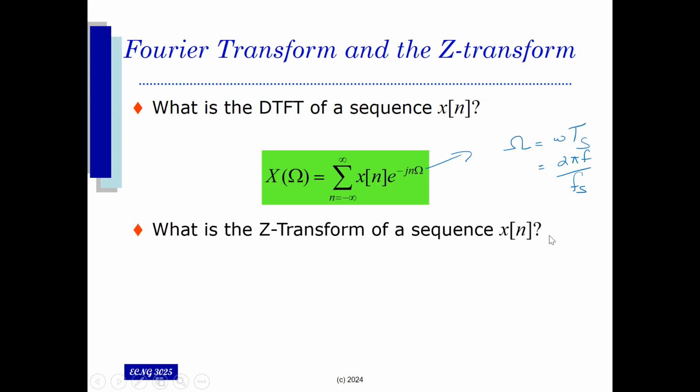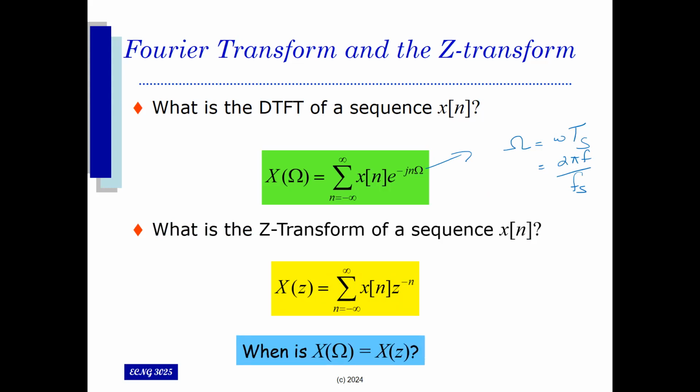The same sequence x[n], the Z transform of it is given by the expression shown below here. So when is X(omega) equal to X(z)? What will make those two equal?